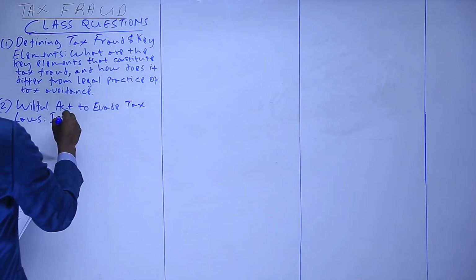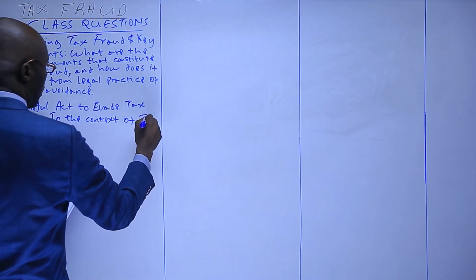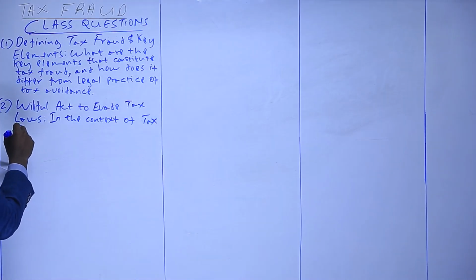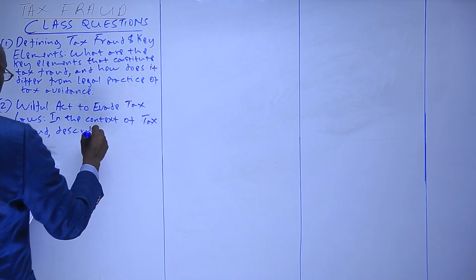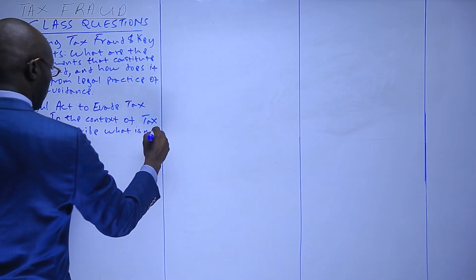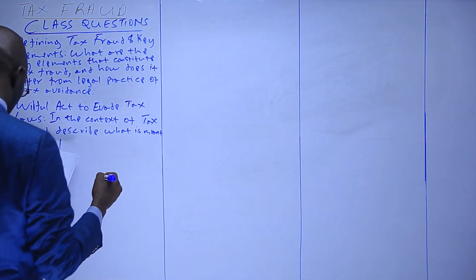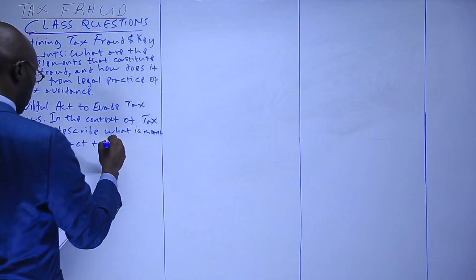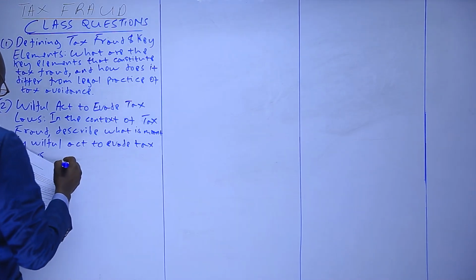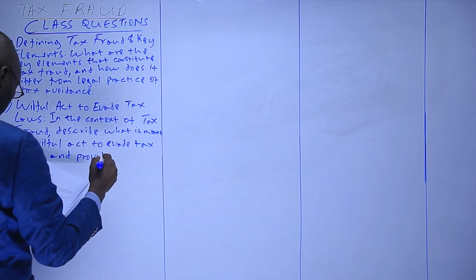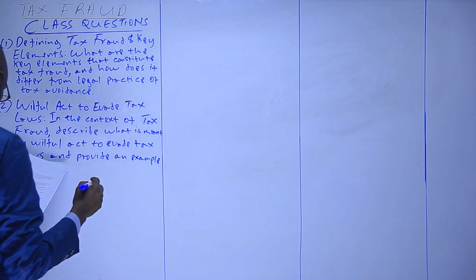In the context of tax fraud, describe what is meant by willful act to evade tax laws, and provide an example of such behavior.